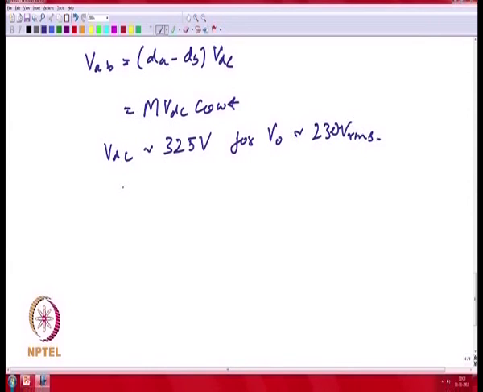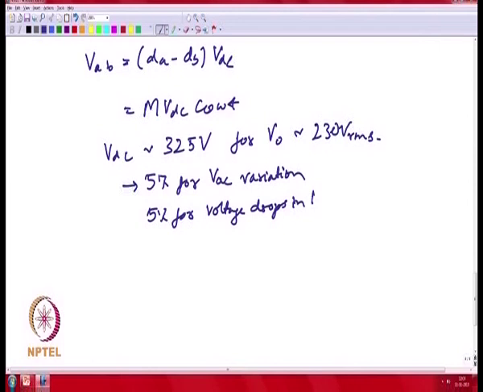Again, we have to consider factors such as the grid voltage variation, deadband, on state drops in the devices, etc. So, we will consider 5% for VAC variation, deadband effects, and 10% drop for the filter.